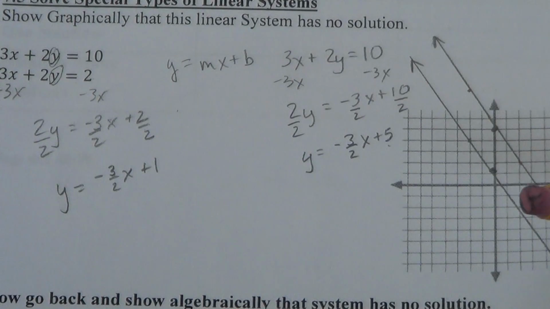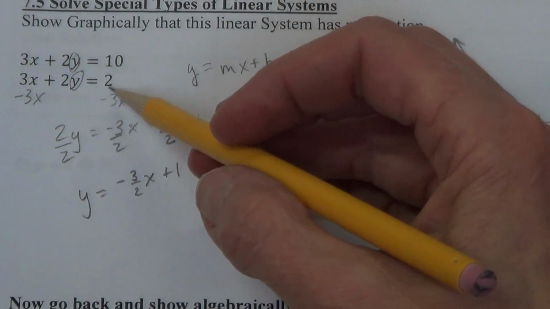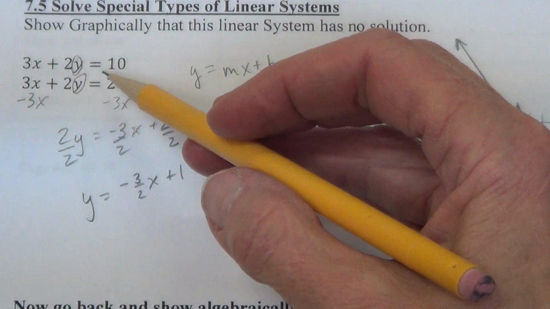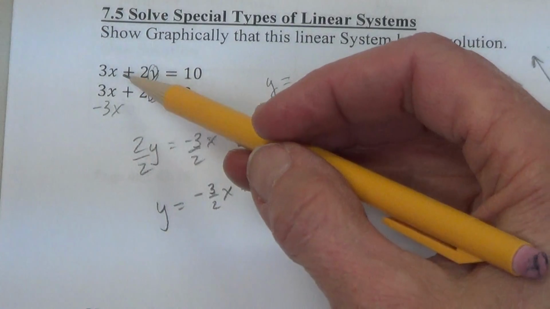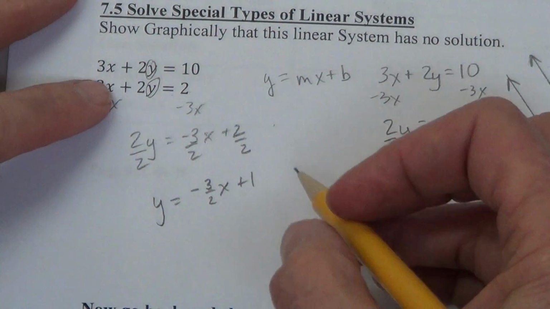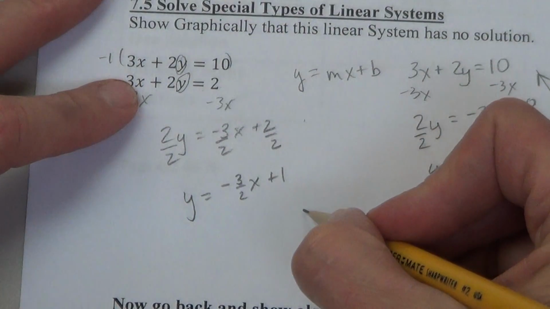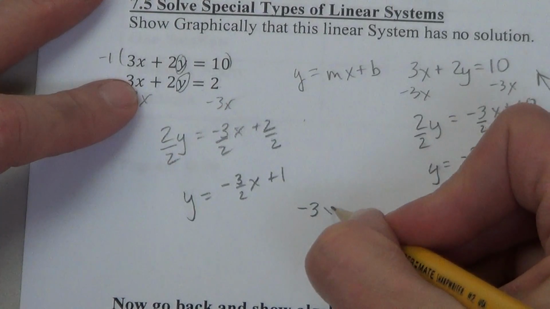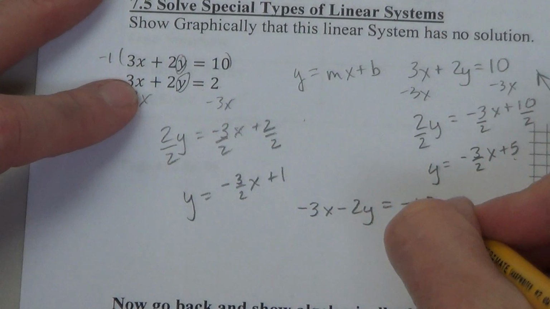Okay, so if we show it algebraically, the easiest way would be with our system how it's given, to multiply one of these equations to cancel the variables. So I'll take the top one and multiply it by a negative 1. So it becomes negative 3x minus 2y equals negative 10.